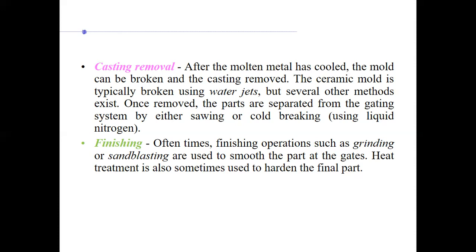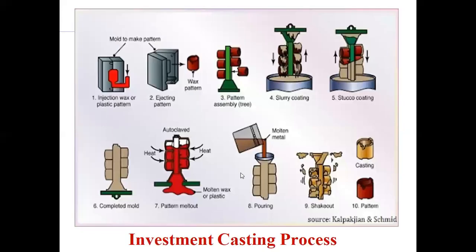Okay, you see on that what we have seen. We came to this diagram and then we went there. So I hope the process is now clear. What do you mean by investment casting? This image is the gist of the process. The reason why I kept this image is this is the gist of the process.